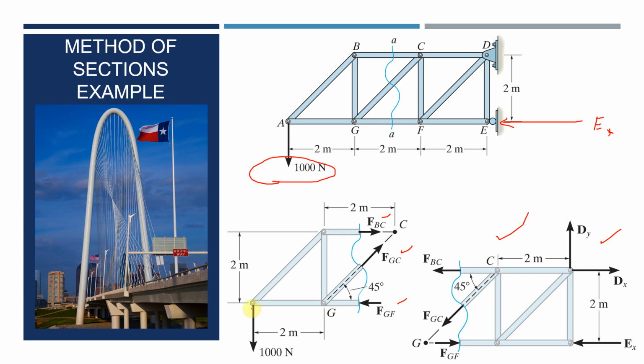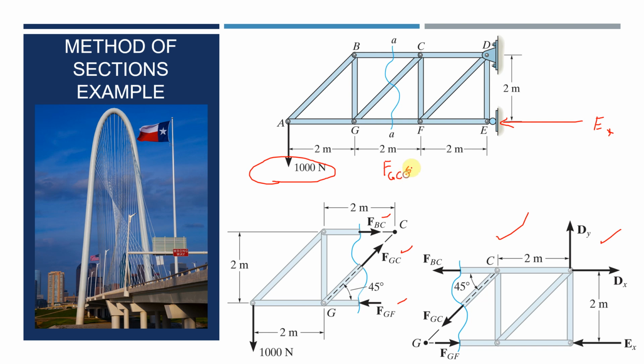So we have 1,000 newtons down, FGC up at 45 degrees. So we can write down FGC, that would be what?